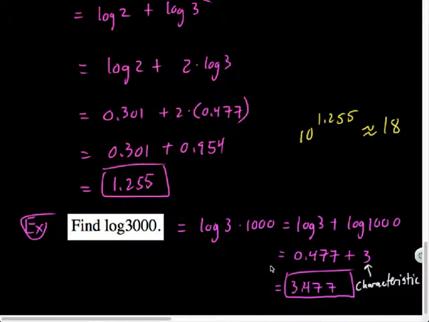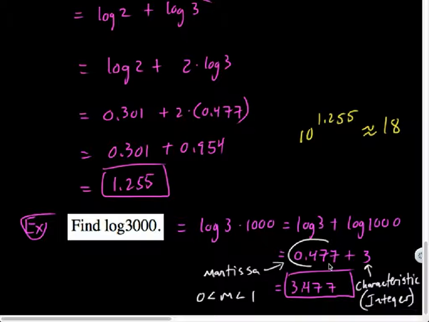There we go, characteristic. And the 0.477 is called the mantissa. Yeah. Crazy names for these things. The characteristic is always going to be a positive integer. And the mantissa will actually be 0 is less than m is less than 1. It's going to be the decimal part.